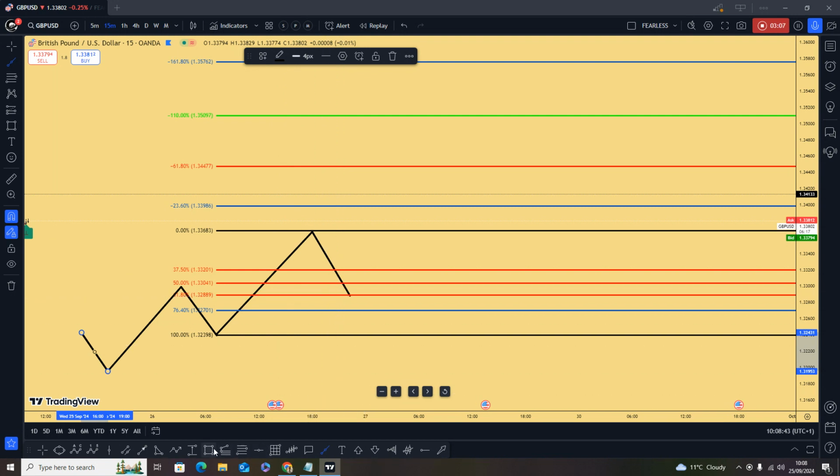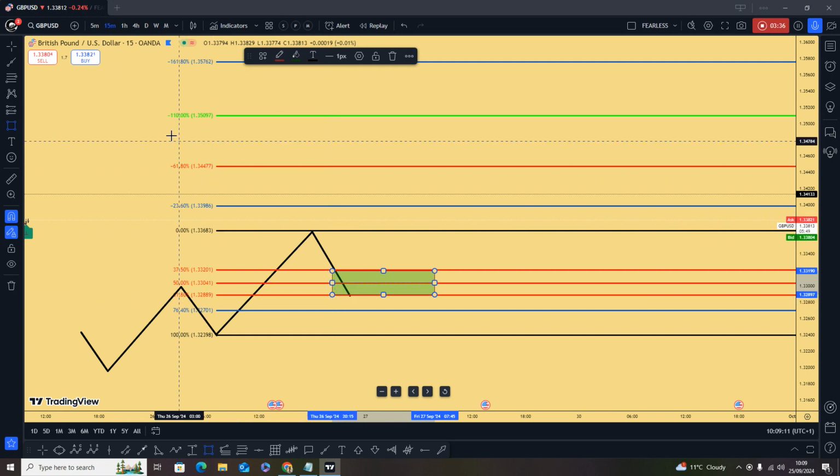So we would expect the price to come into this zone, and once the price gets into this zone, we will start to look for an opportunity to buy in the direction of the trend. This is the way we use the Fibonacci as a determinant which gives us an area where we should be expecting to buy in an uptrending market. So that is the first thing we're going to do.